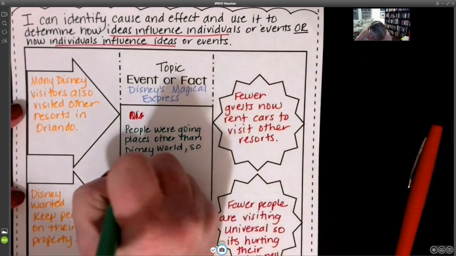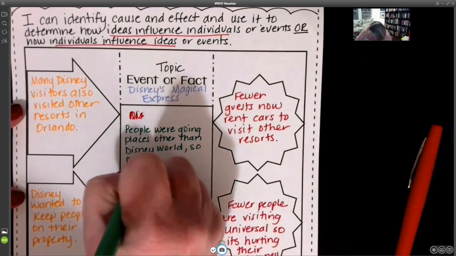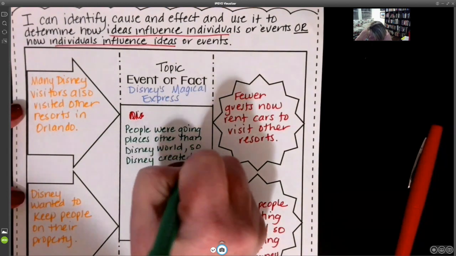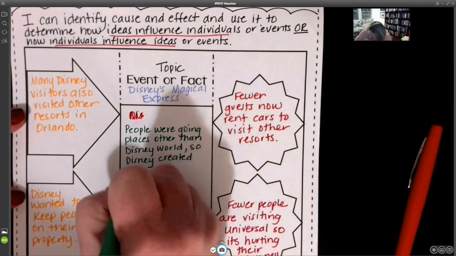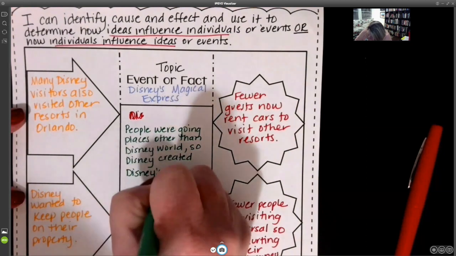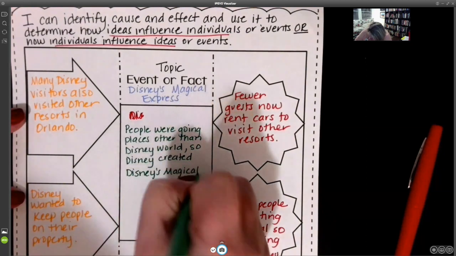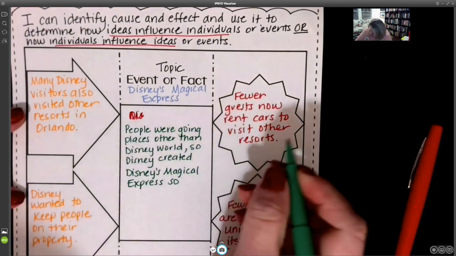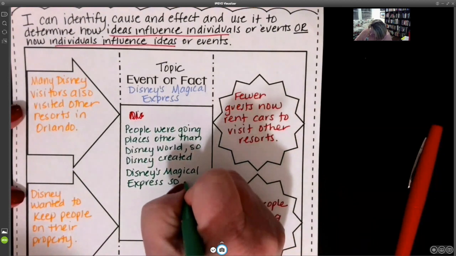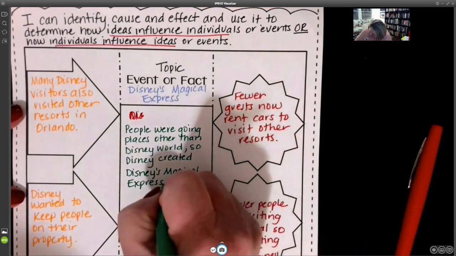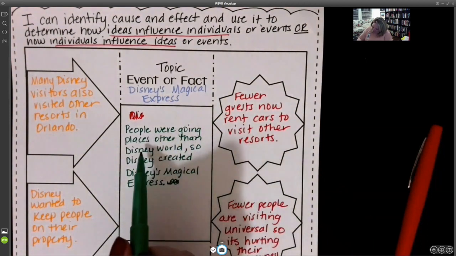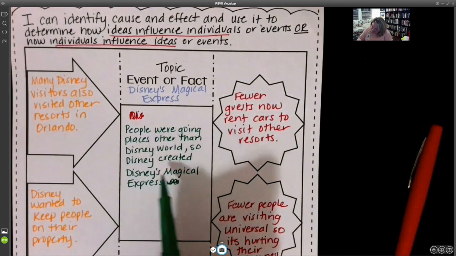So Disney created Disney's Magical Express. People were going places other than Disney World. So Disney created Disney's Magical Express.